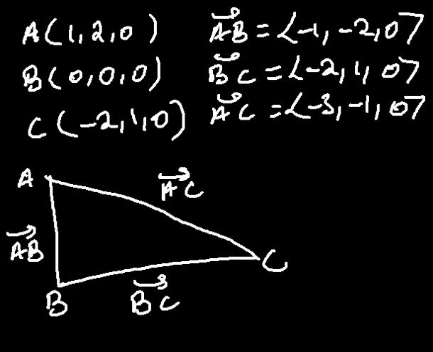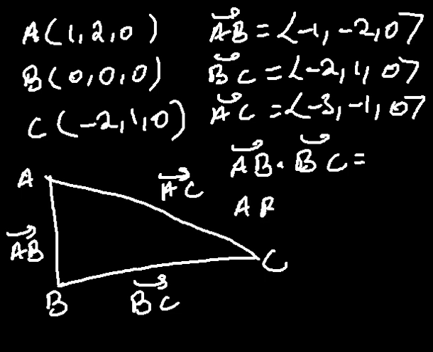In this case, we'll have the dot product between vector AB and vector BC, and also the dot product between vector BC and vector AC.